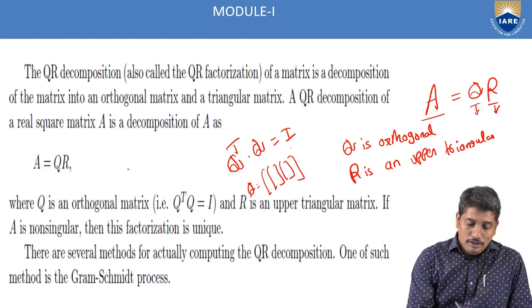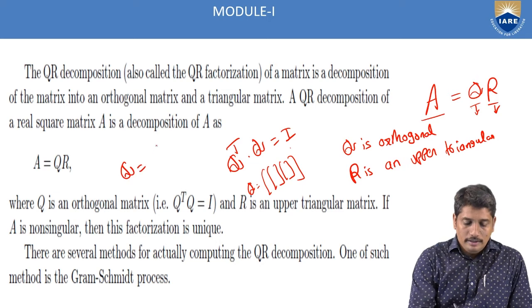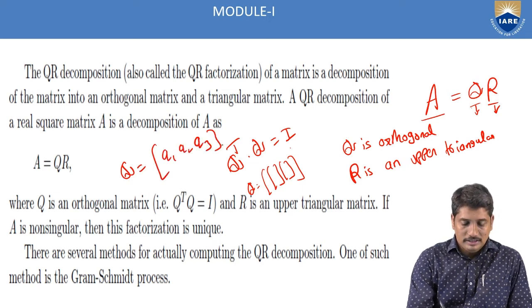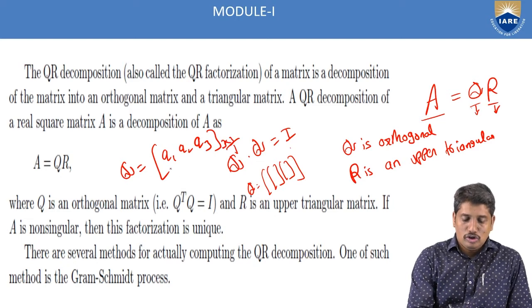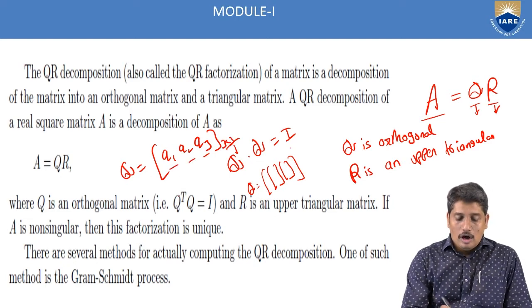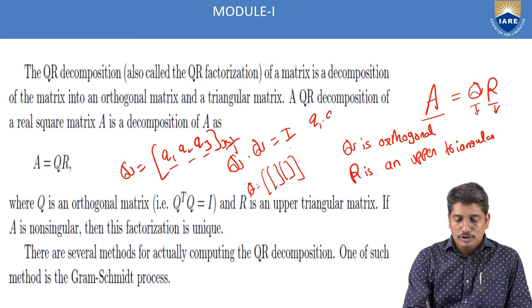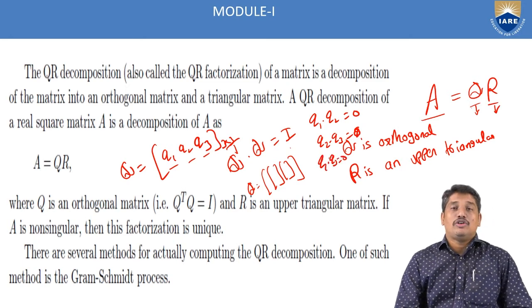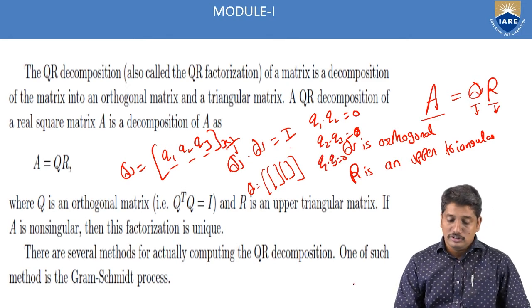Orthonormal means if you write Q as Q1, Q2, Q3, that is a 3 by 3 matrix which has three columns Q1, Q2, Q3. Orthogonality means Q1 dot Q2 is 0, Q2 dot Q3 is 0, and Q1 dot Q3 is 0. That means the dot product of every pair of vectors is 0.